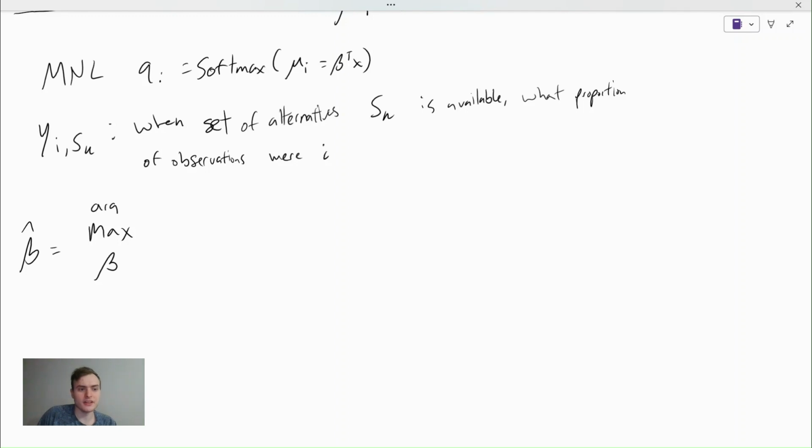Or we could even say argmax to denote that we're taking the argument, not the actual maximum of the function. So we could sum from k equals 1 to K to denote the different sets sk, and then sum over the alternatives i that are in that sk.